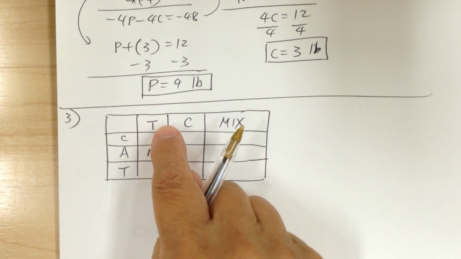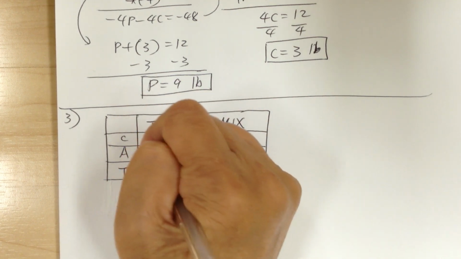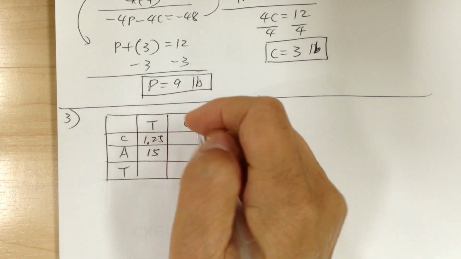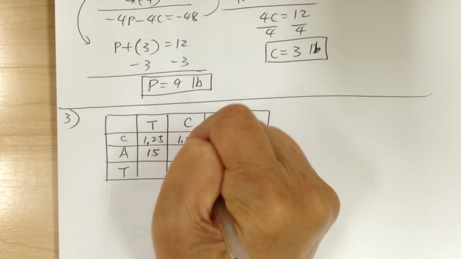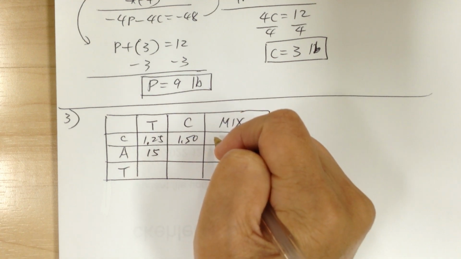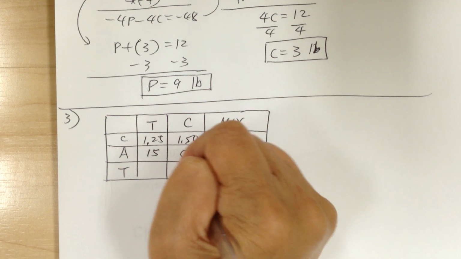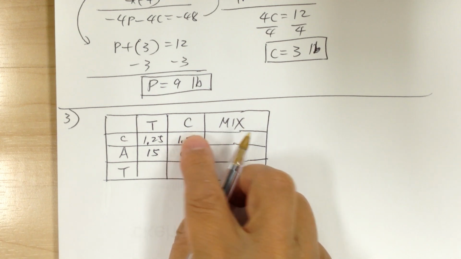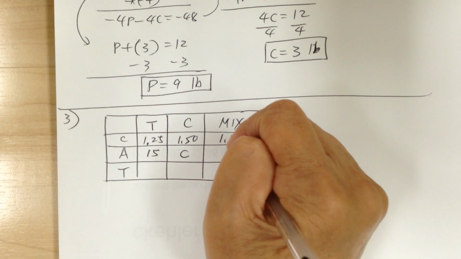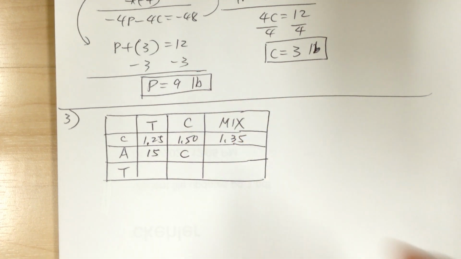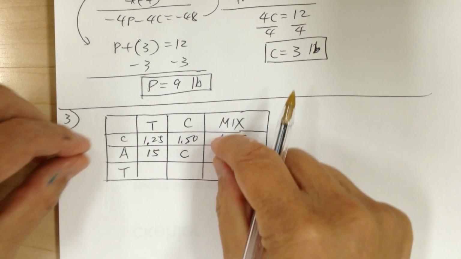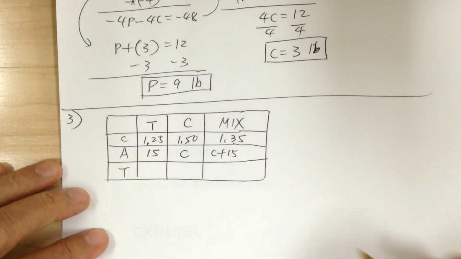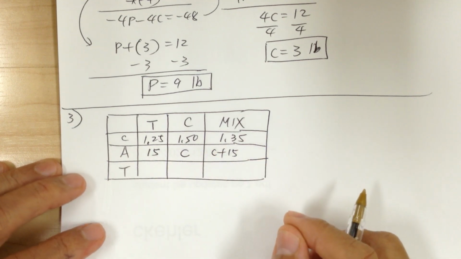So 15 pounds of toffee that costs $1.25 with caramel that costs $1.50 per pound. Okay, how many pounds of caramel? So that's how many pounds. So that's what we're looking for. Must she use to make a mixture that costs $1.35 per pound. Okay, so that's all you have. So again, when you mix together, you're adding together. So this would be C plus 15. Okay, right? When you mix these two together, you get that.